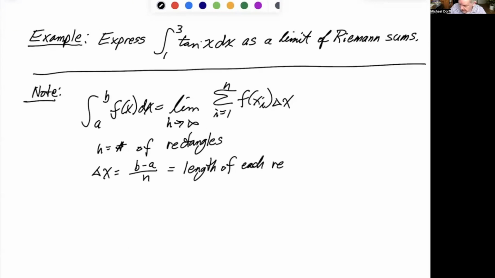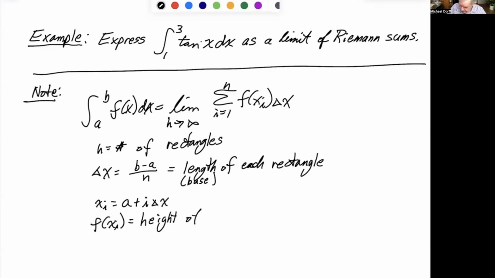So we're assuming that each of these bases is the same. x sub i is going to equal a plus i delta x, and f of x sub i equals the height of each rectangle. So we're going to use this information now to rewrite this integral.